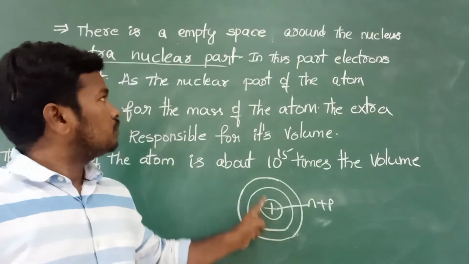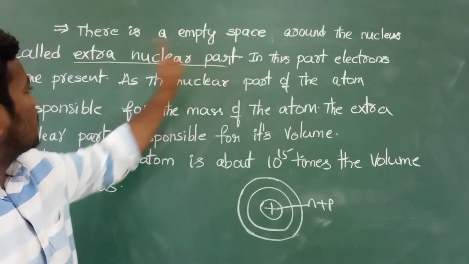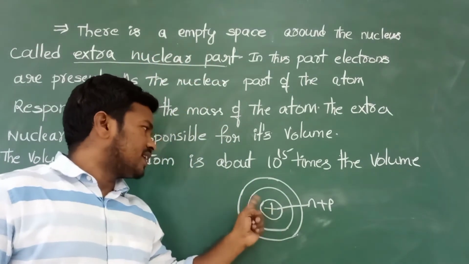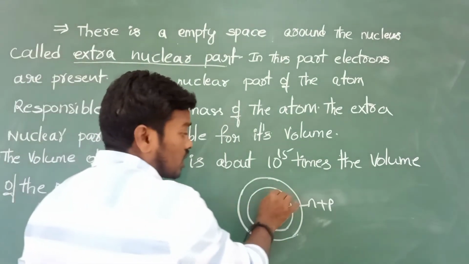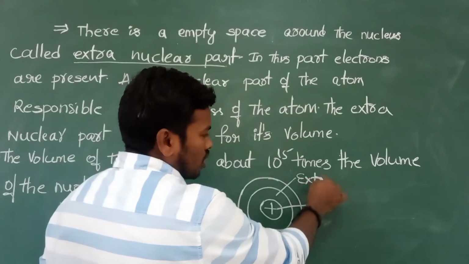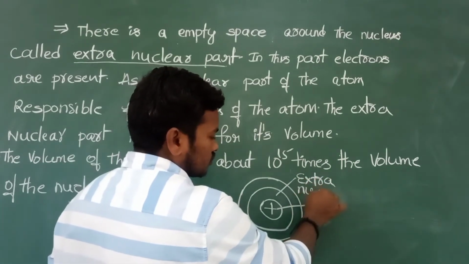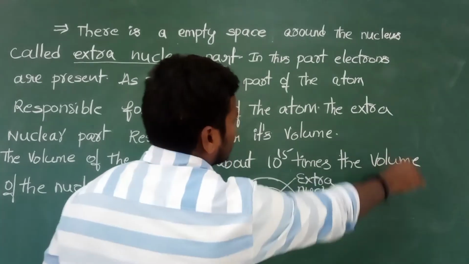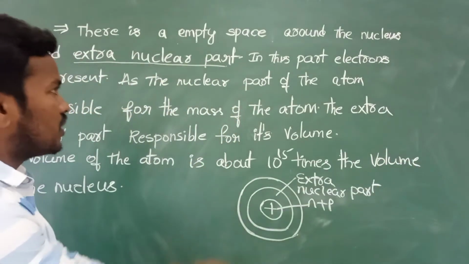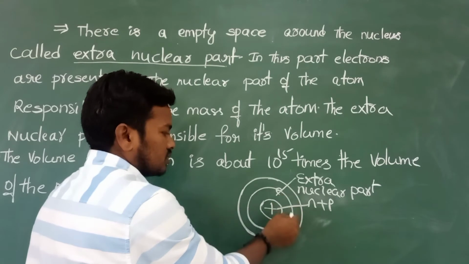Here you can see that there is an empty space around the nucleus. This empty space is called the extranuclear part. In this empty space, electrons are present.